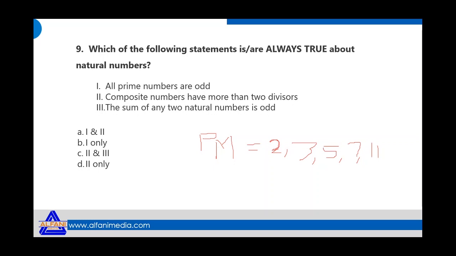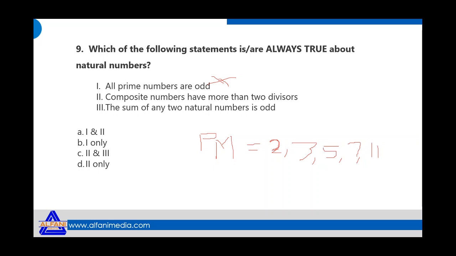So the 2 alone shows that not all prime numbers are odd. So this is out, meaning this is false. We are looking for a statement that is true. Now we're looking at the next one, composite numbers have more than 2 divisors.